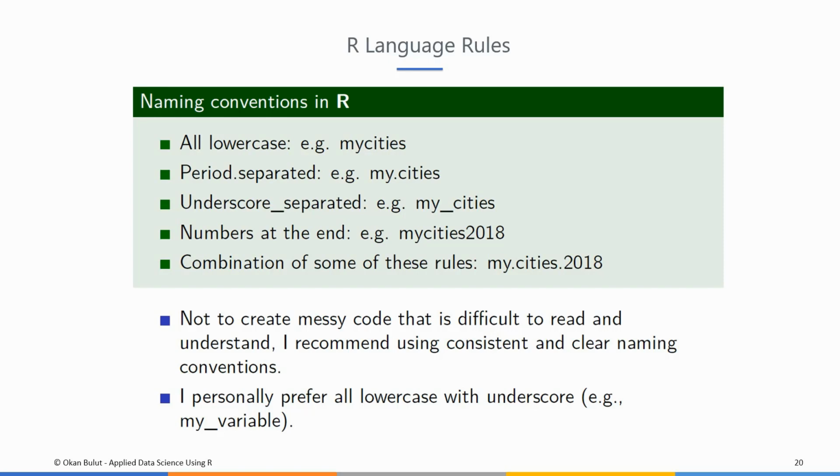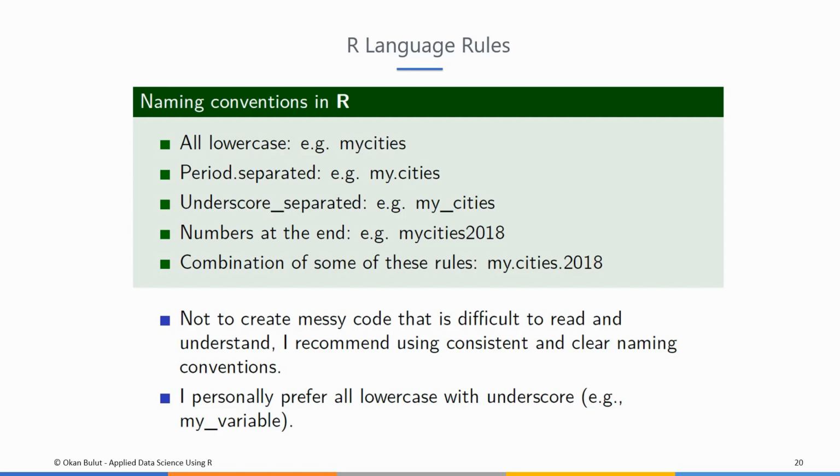Or you can put some numbers at the end. Sometimes I do this, but the negative side of this approach is that sometimes we forget which numbers we used. We create a data set, call it data1, data2, data3, and then we forget which data was created and when. That's why it is good to have naming conventions, so that when you take a look at the data, you know what it includes.